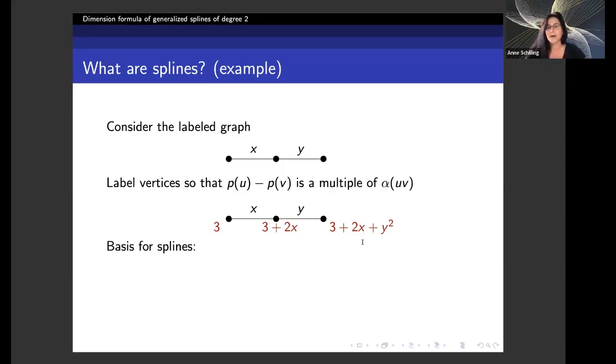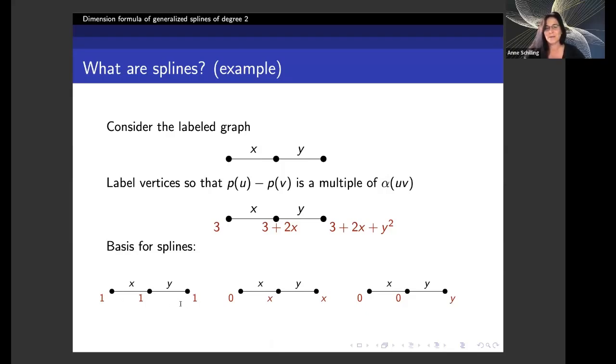For this particular example, let's see whether we can write down a basis for the splines. Here would be a basis. One of the basis elements you could pick is the constant spline. So I just put 1, 1, 1.